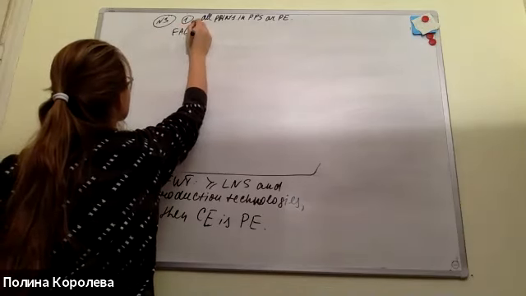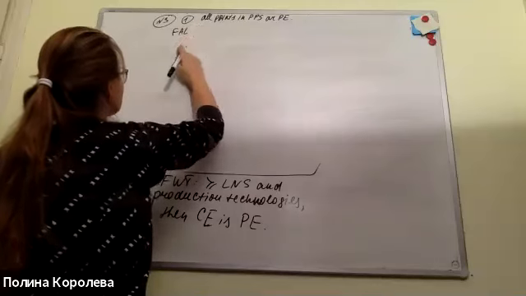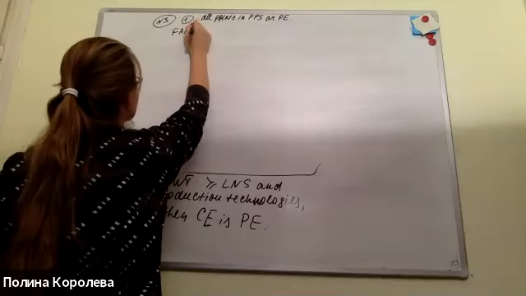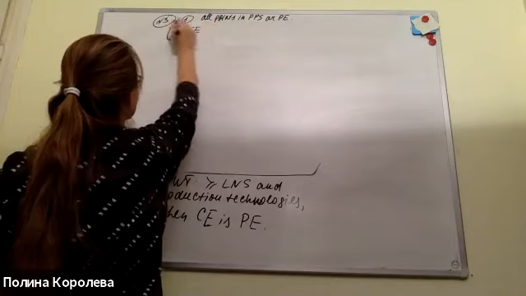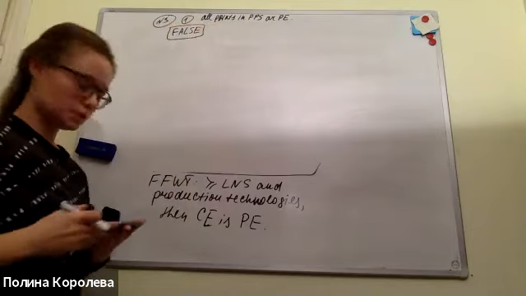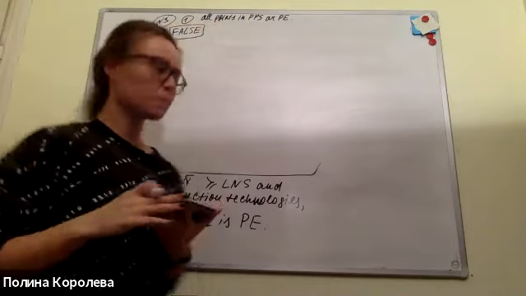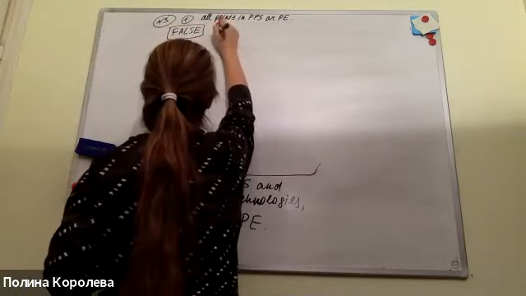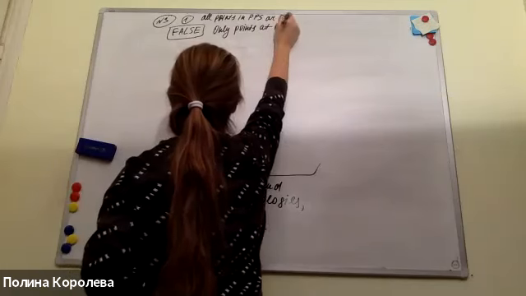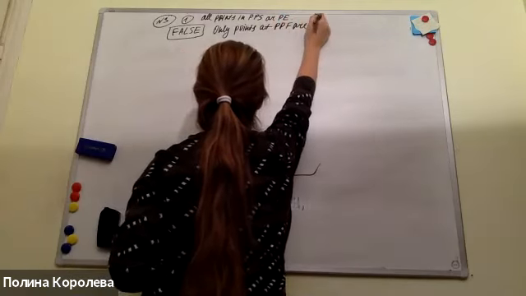This is false, because only points belonging to the PPF are Pareto efficient. But what else can we write? Let's write: only points at the PPF are Pareto efficient.